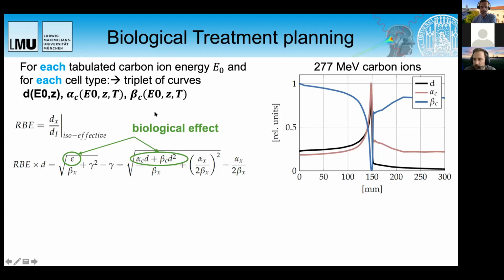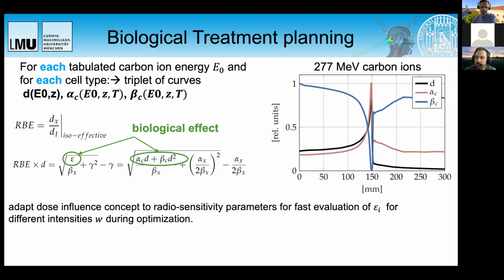So the biological optimization basically needs two models. It needs one model, and that's the LEM model here, that basically translates this dependence of the alpha beta parameters to the photons. So basically you get the alpha and beta parameters that Hans-Peter in the slides just marked that correspond or transition to the photon world.